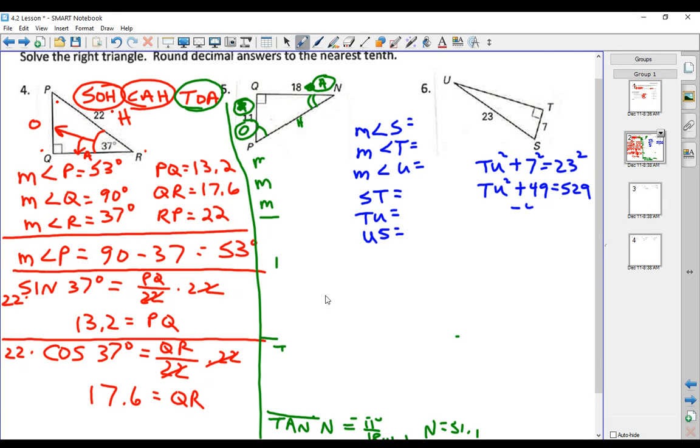I'm going to subtract 49 from both sides. And 529 minus 49 is 480. I'll take the square root of both sides. TU rounds off to 21.9.